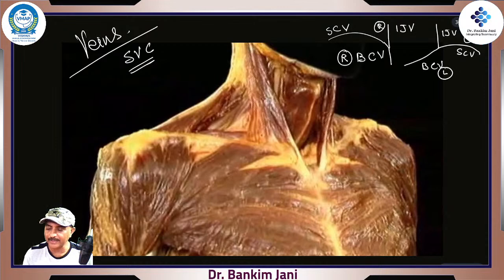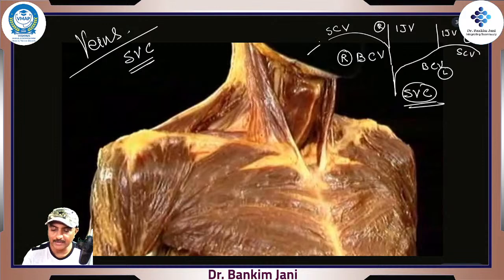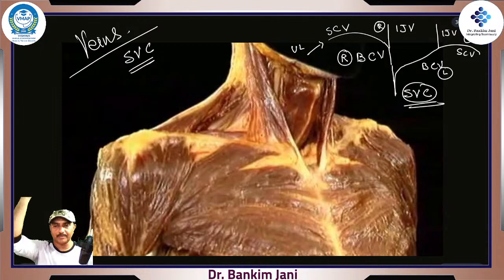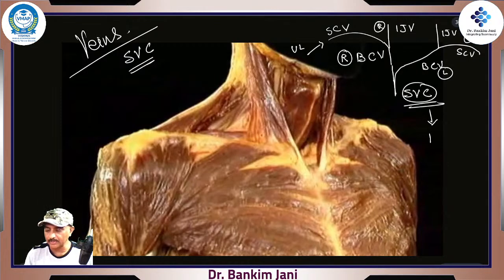Both of them join and lead to the formation of our superior vena cava. The subclavian is coming all the way from the upper limb, the internal jugular is coming from the top, from the brain, and the superior vena cava goes into the right atrium.